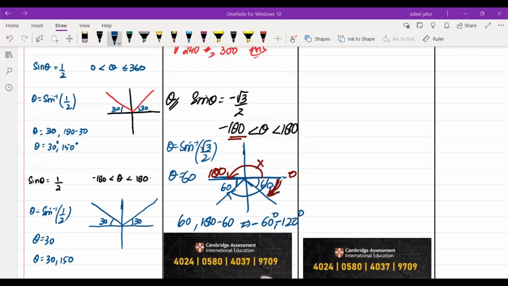When we go clockwise, we'll stop at the basic angle. We got 60, which was negative 60 in the end. Then we move towards another angle, which is from 0 to the basic angle line, which means we will subtract 60 from 180. We'll end up having 120, but this will also be written with the negative sign.